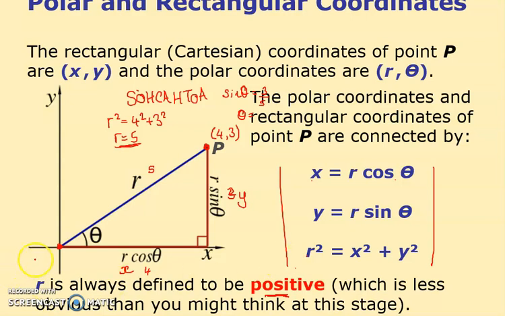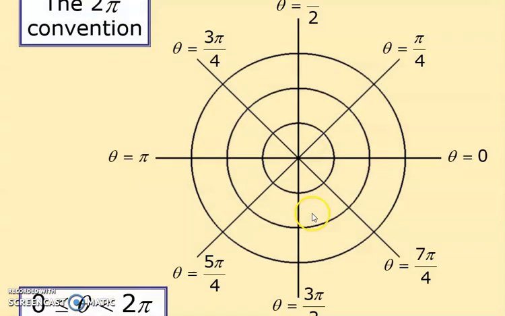Again, notice this word pole meaning the origin when you're doing polar coordinates. And so we'll look at what's called the 2 pi convention. Now, 2 pi convention, basically, we could call this instead, if we wanted, this 360 degree notation convention. And it's where basically you start at 0. Now notice, if it was in degrees, it would be 0 degrees, or it could be in 0 rads as well.